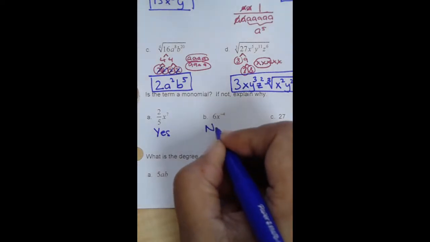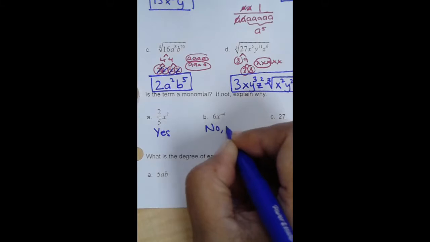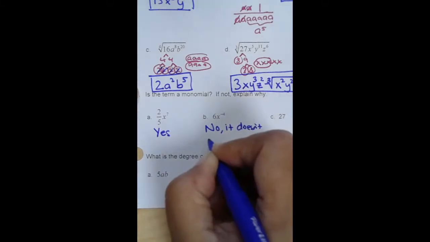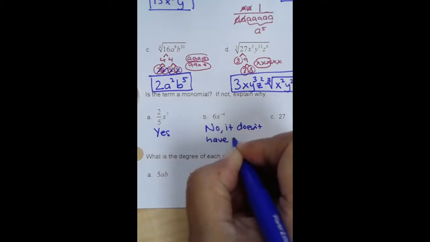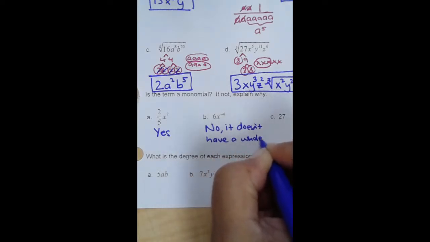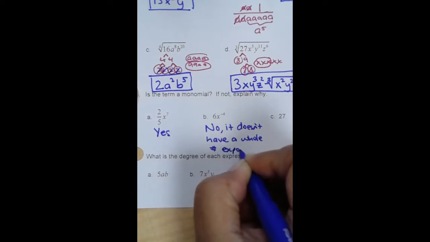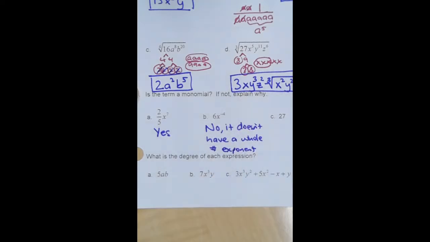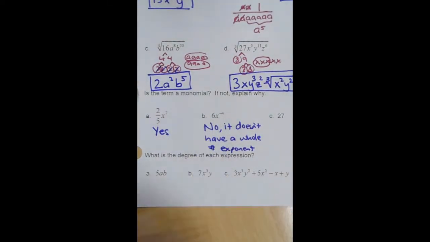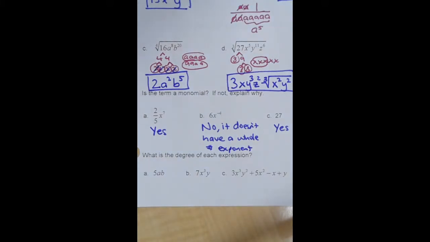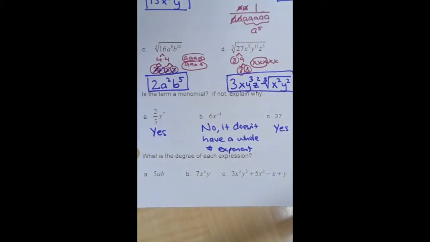No. It doesn't have a whole number exponent. Or you can say the exponent is negative. 27, is that? Yes. Remember that a monomial could be a number, a variable, or a combination of both being multiplied.